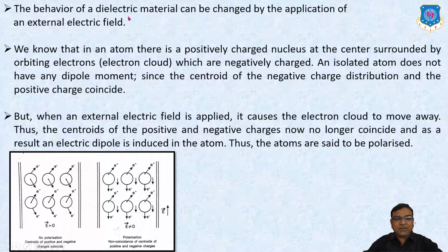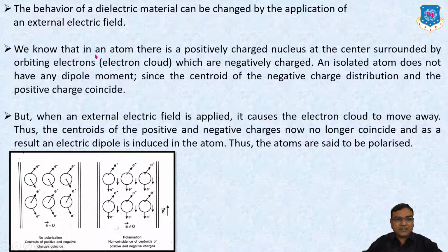The behavior of dielectric material can be changed by the application of an external electric field. So here in this figure, you can see the case without applying an electric field, and this is with an electric field applied.